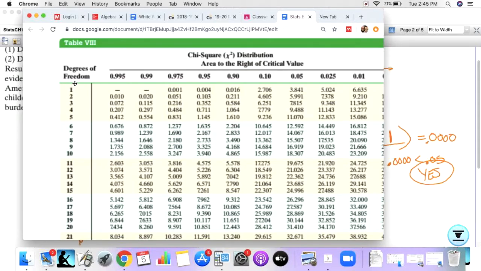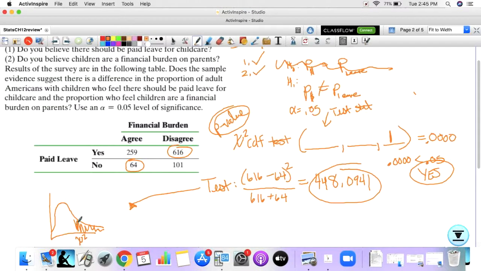We go over to 0.05, and we see that our critical value is 3.841. So that means this value right here, where chi-squared is 3.841, and we compare that to our test statistic.